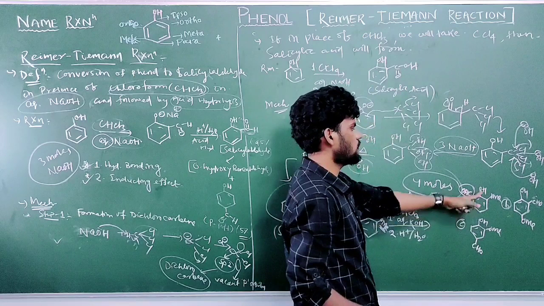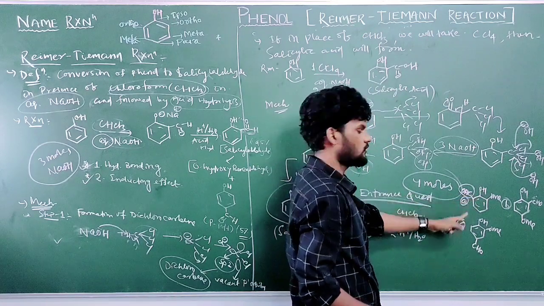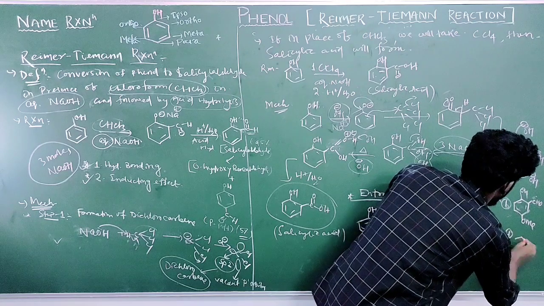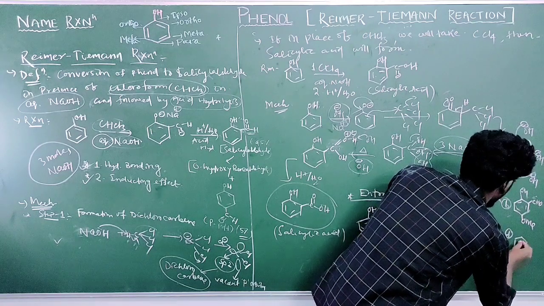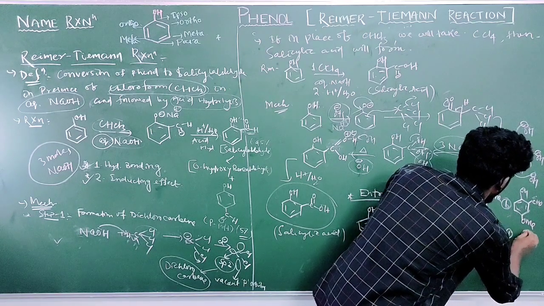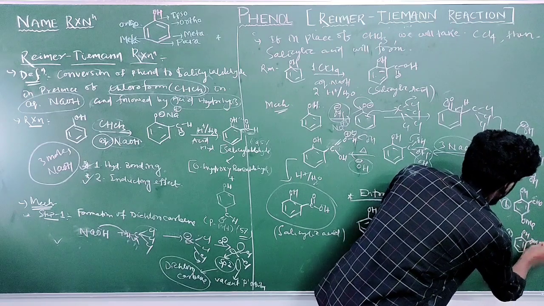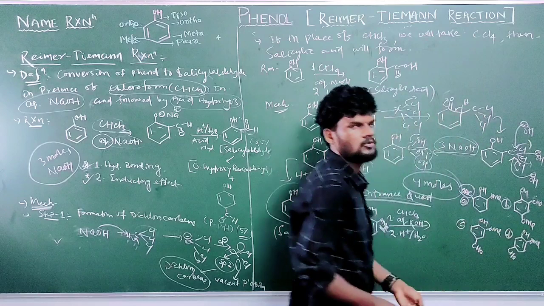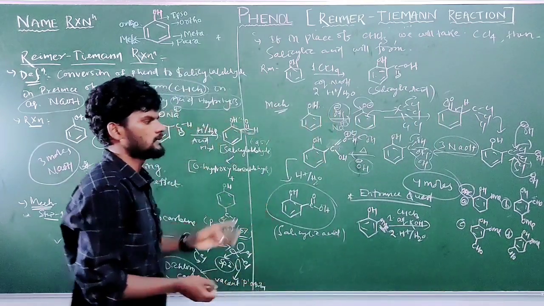Here ortho position to OH group there is CHO, but here para position CHO. And in option D, OH, OMe and CHO meta to the OH group. So what is the answer?